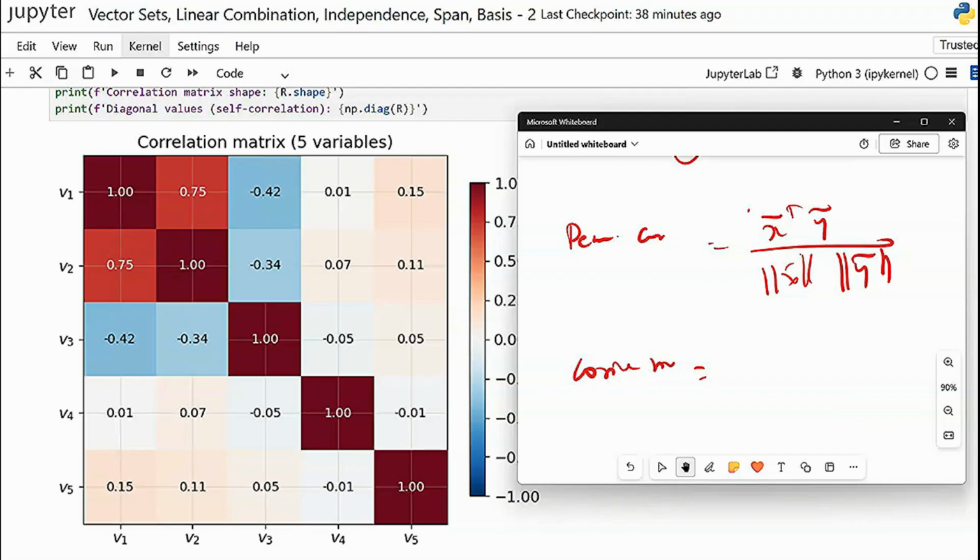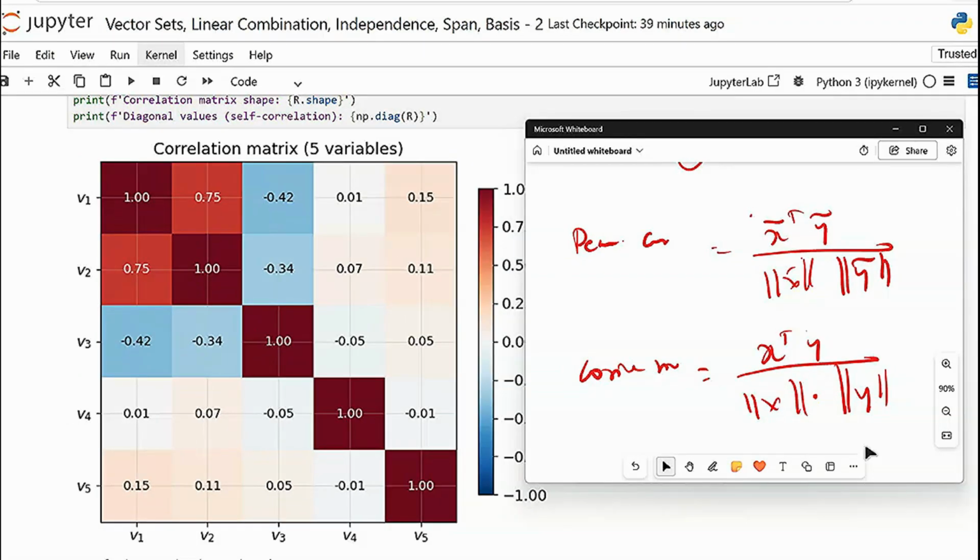The choice between correlation and cosine similarity depends on whether absolute or relative values matter. So here it is x transpose y divided by the norms of x and y. This is how we end this session.